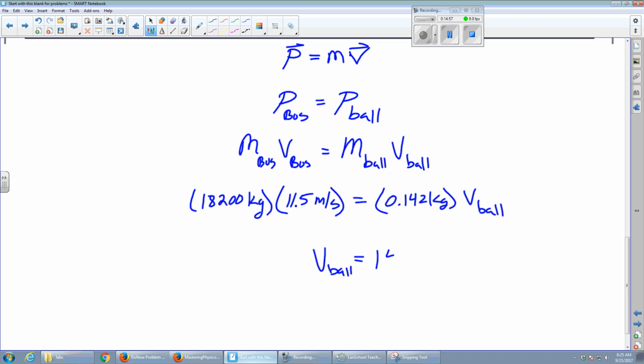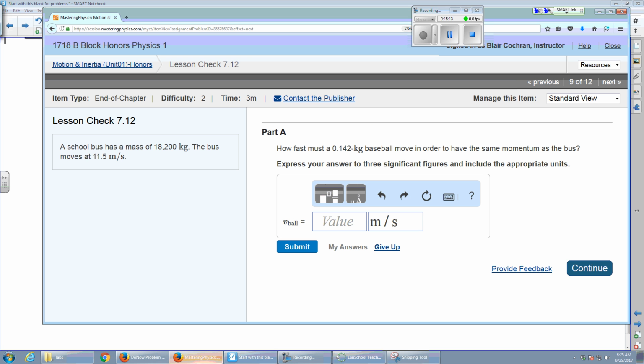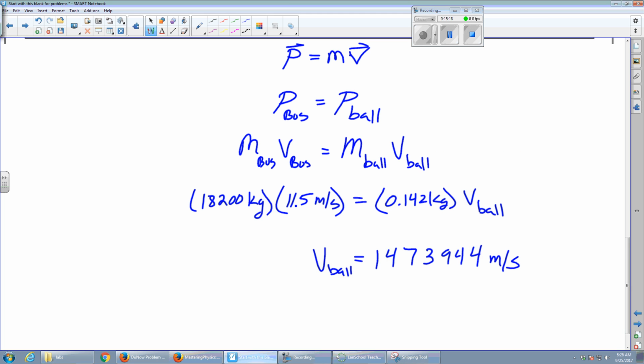1,473,94 meters per second. They're looking for my answer in meters per second, and they want 3 sig figs. I find that easier in scientific notation. So I'm going to put 1.47 times 10 to the 6th meters per second.